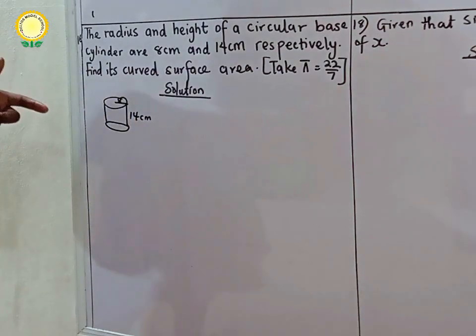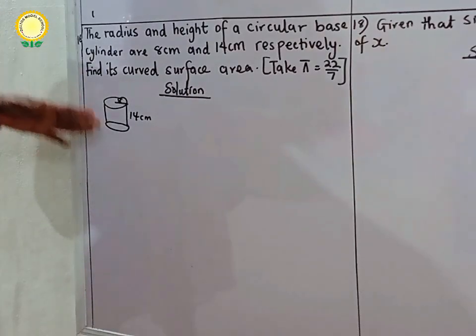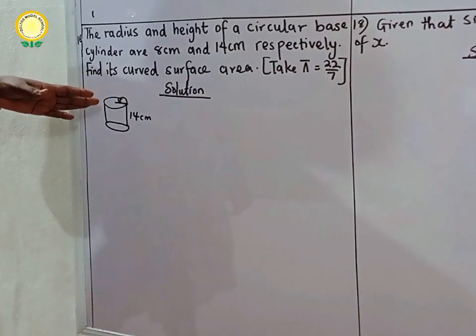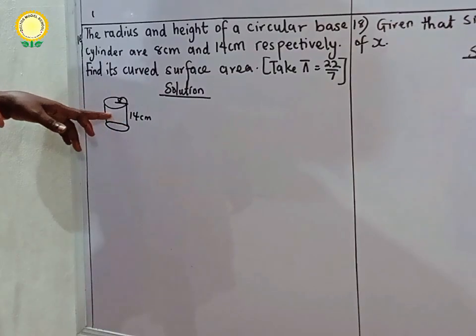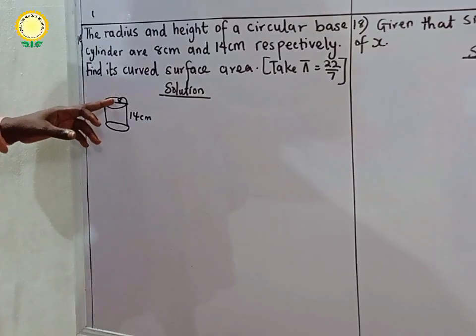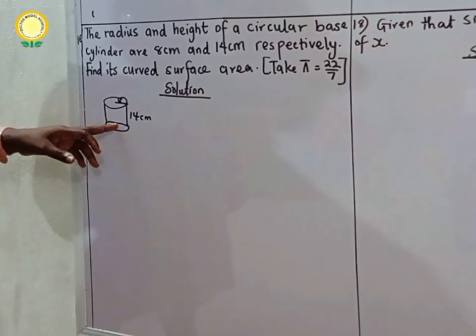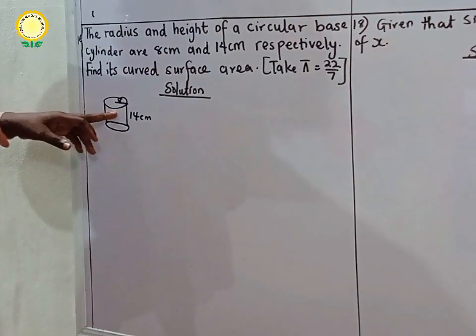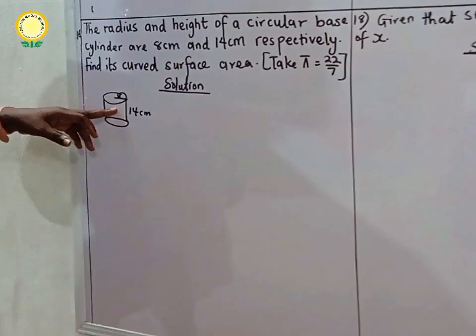Now we are asked to find just the curved surface area. What is this area? The curved surface area we are looking for, that is this part. But if we are finding the whole area, we have to find the area of the 2 circles, and then the area of the curved surface.